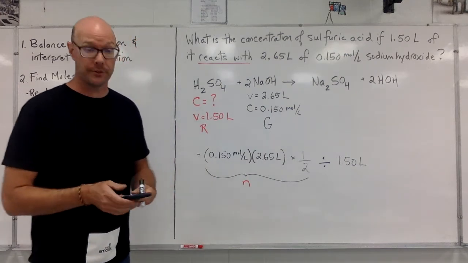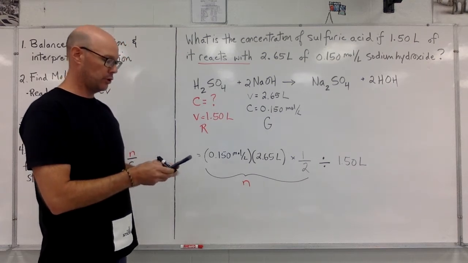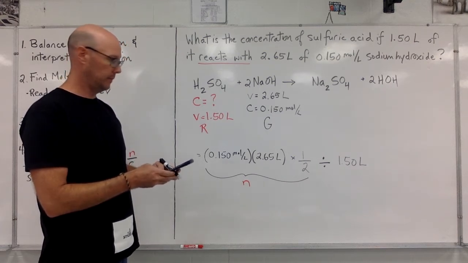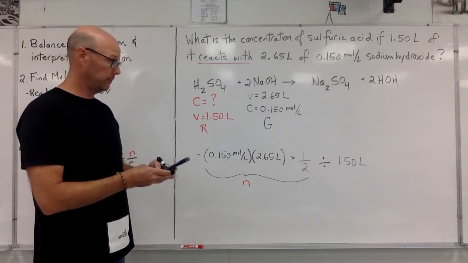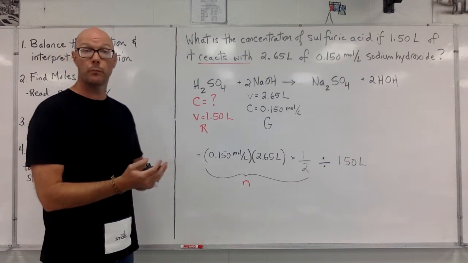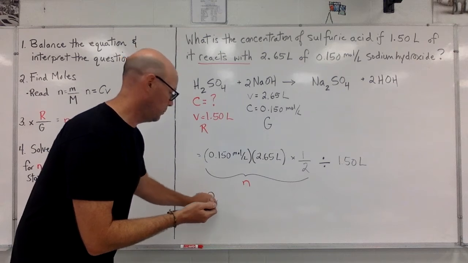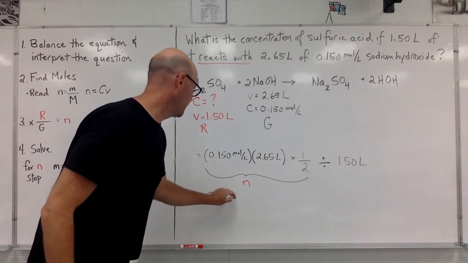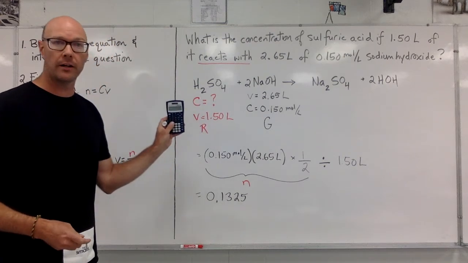We can get to pushing buttons. 0.15 times 2.65 multiplied by 1 over 2 divided by 1.5. We have the answer on my calculator screen. 0.1325. That's the raw answer on our calculator screen.